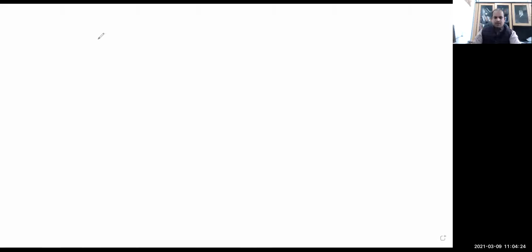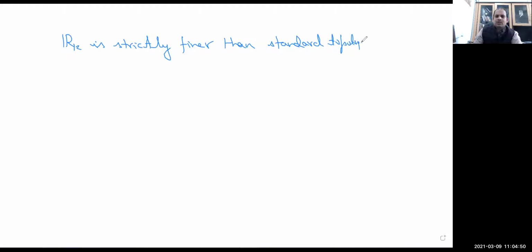So I need to prove that RK is strictly finer than the standard topology on R. We need to prove this one.